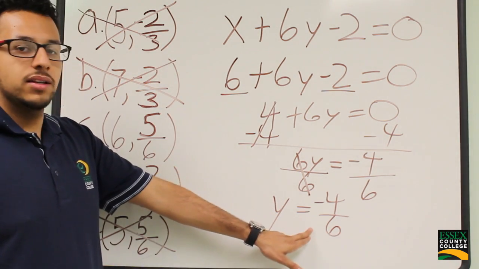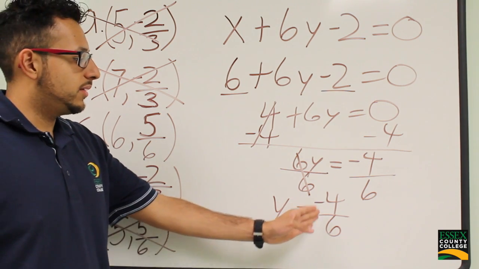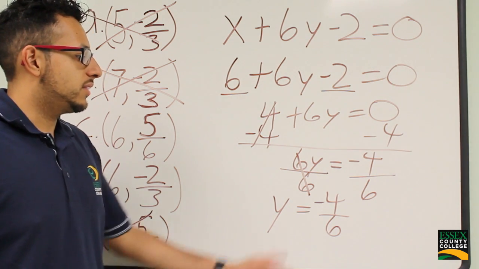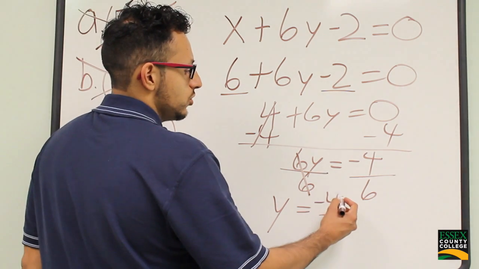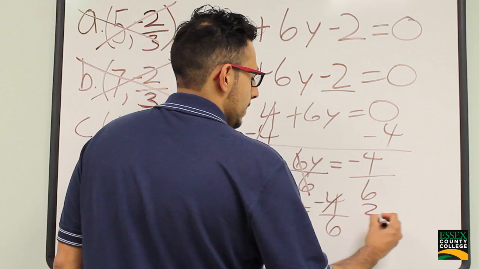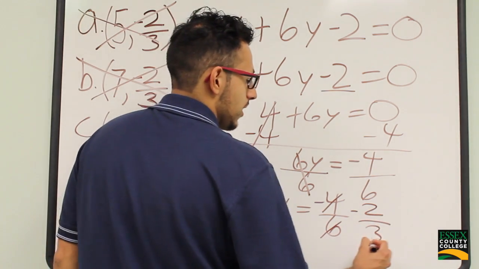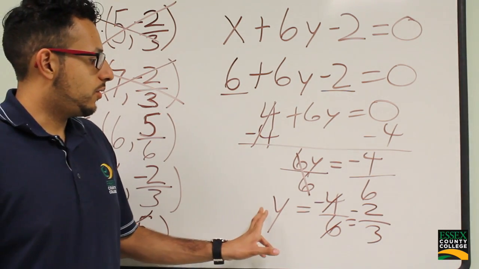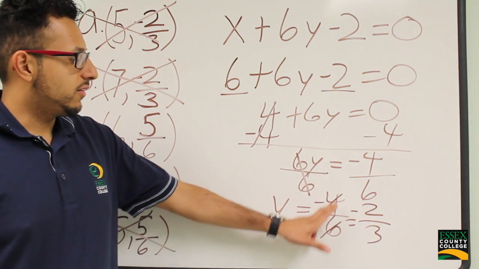And we look at this fraction and we can simplify. So we have to find a common factor that can go into both 4 and 6. And we know that 2 can go into both 4 and 6. So how many times does 2 go into 4? 2 times. How many times does 2 go into 6? 3 times. Therefore, y is equal to negative 2/3 when we simplify negative 4 over 6.